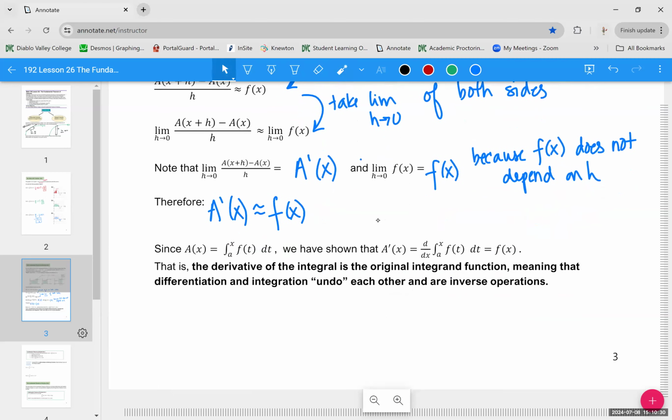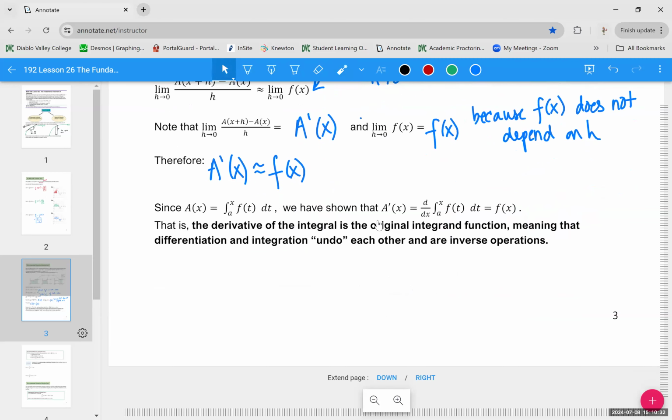And that's the conclusion we're getting to. So I'm going to write that in here. The derivative of the integral is approximately equal to the integrand, just the function. The derivative and the integral canceled each other out.